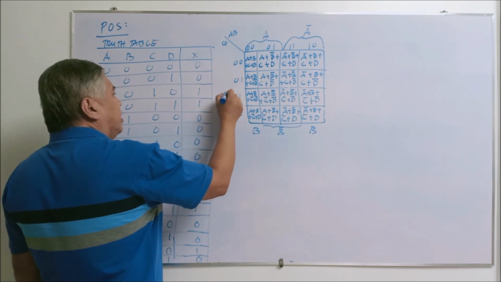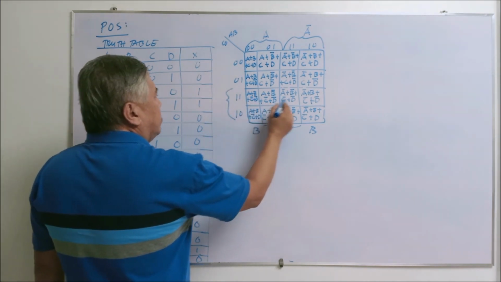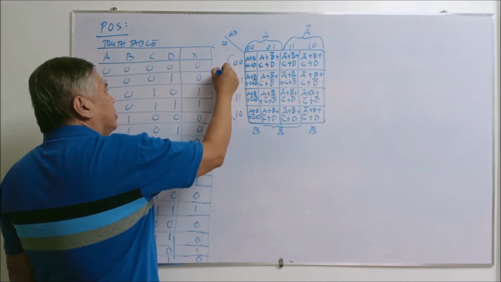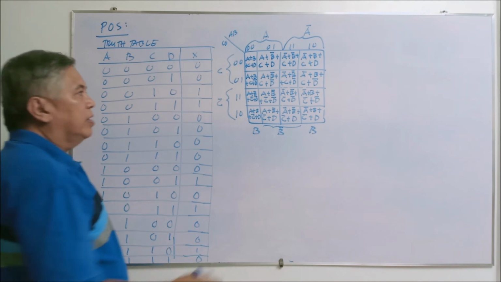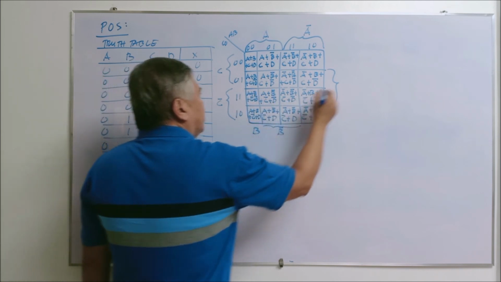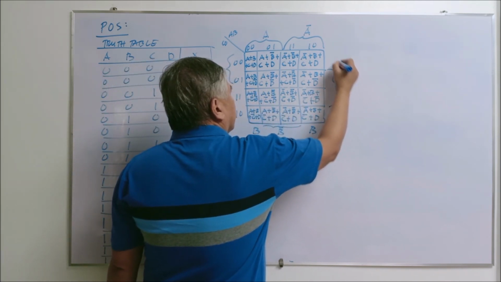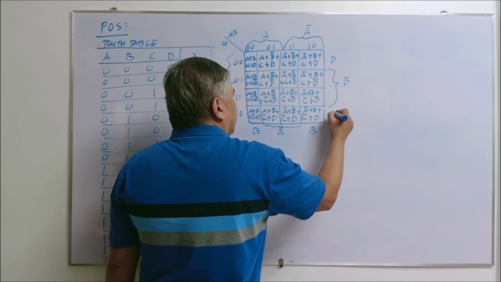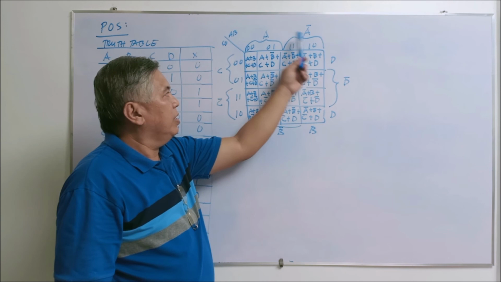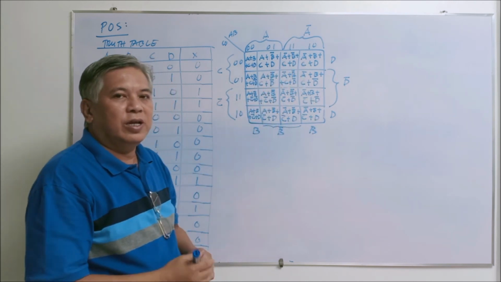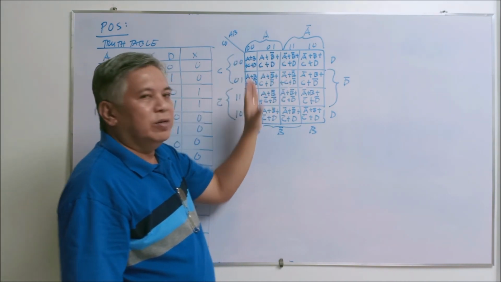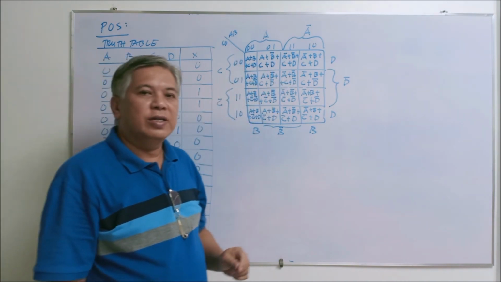And then this area here, the common is C bar. So C bar, and this one here is C. And then here, in the middle, what is common is your D bar. So this one here is D, and this one here is also D. If you notice, the location of your variables is actually the opposite of the location of your variables in the sum of product expression.